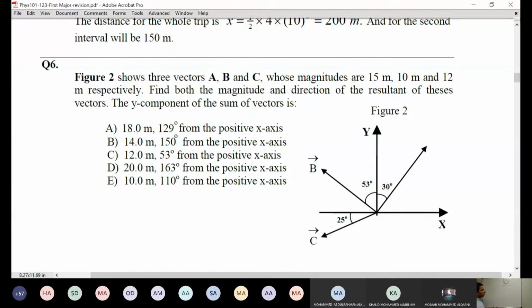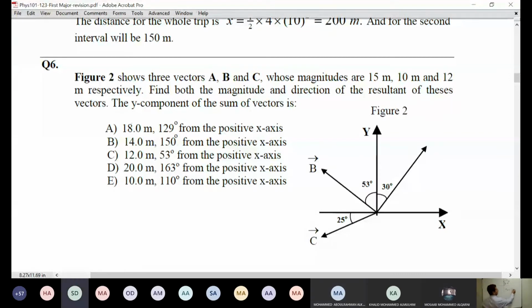So when I'm making the two components, you already know that it is going to be Ax, and the magnitude of vector A is 15. So 15, do you think that Ax here will be sine or cosine? Sine.